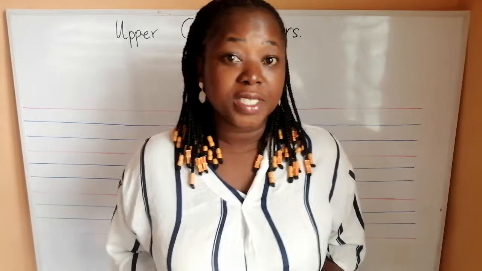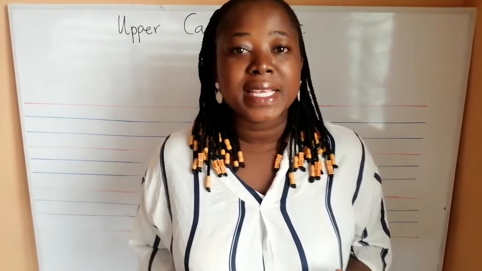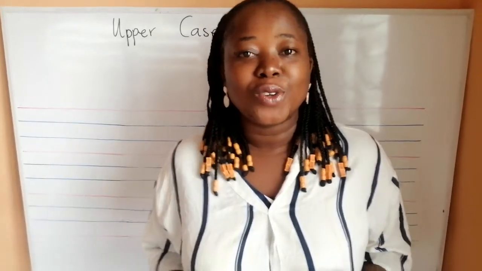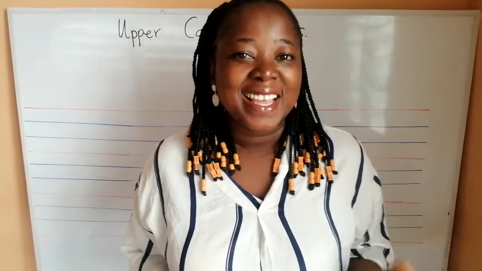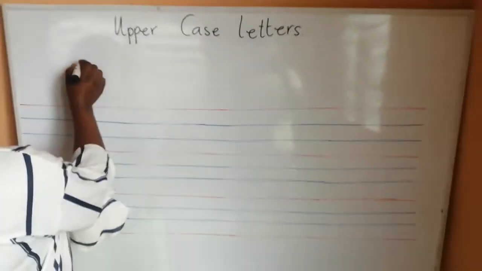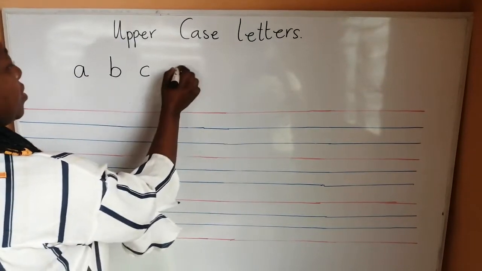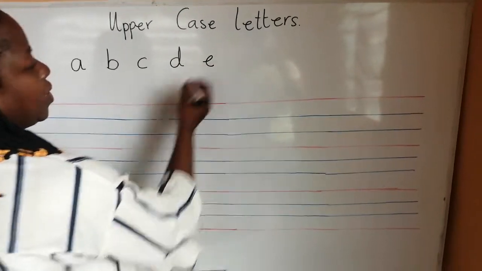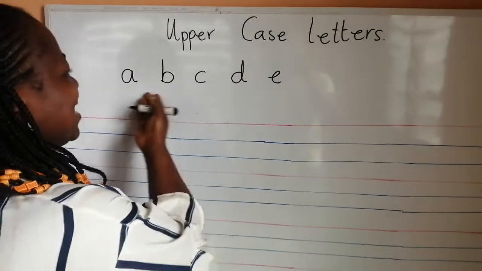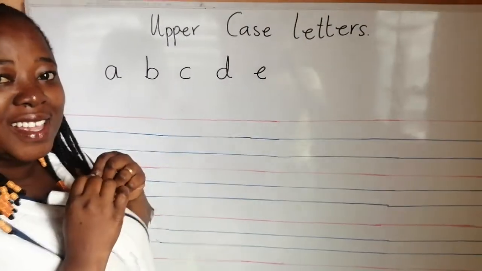Today we have language and we are going to learn how to write the uppercase letters. I believe you know all your lowercase letters like the A, B, K, D, E. Now, these letters here are the lowercase letters.